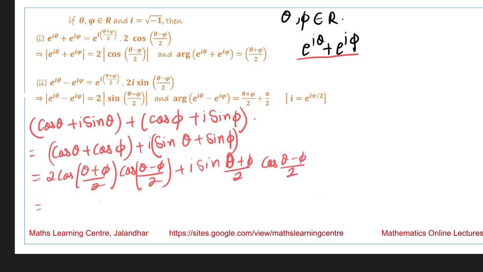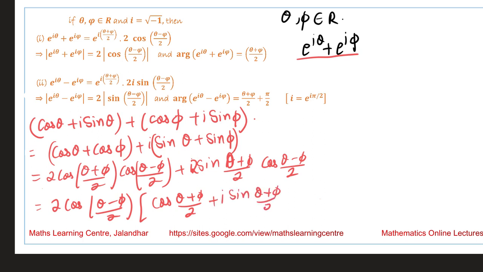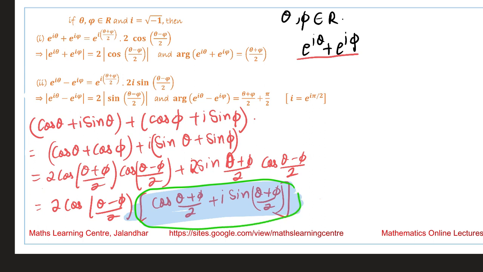So this is equal to 2 cos((θ-φ)/2) times [cos((θ+φ)/2) + i sin((θ+φ)/2)], and this second term is equal to e^(i(θ+φ)/2).